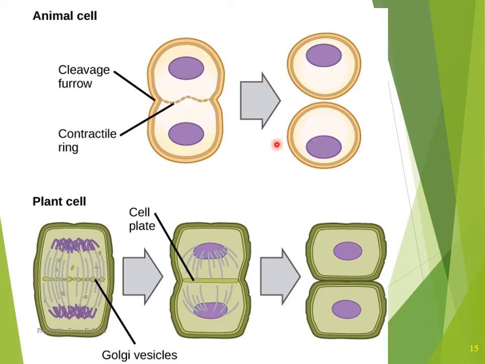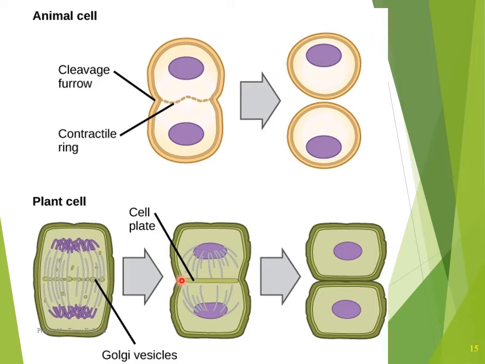But in case of a plant cell, as I told you, at the equator there is a lining up of the Golgi vesicles. You can see these small round shaped structures. These are called Golgi vesicles. All these Golgi vesicles are arranged in a line. The wall between them will dissolve and whatever amount of cellulose is present in that Golgi vesicle will be planted over here.